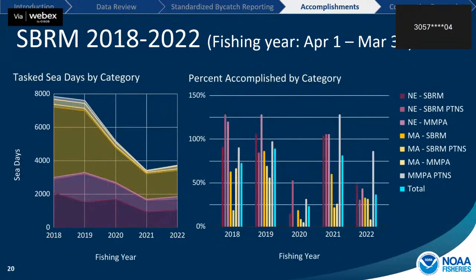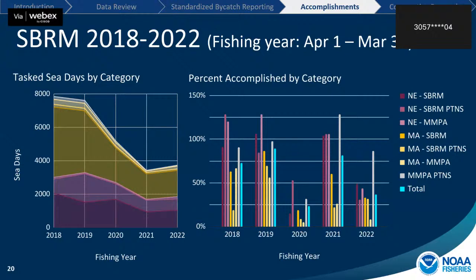This just demonstrates basically our task C days by each category. If you look at the right-hand side, we basically have this separated out by Northeast and Mid-Atlantic. And then if there's a PTNS written in that column, it basically means it's a call-in requirement, or pre-trip notification system. So for our SBRM days, a portion of those have a call-in requirement, and a portion of those are solicited trips.